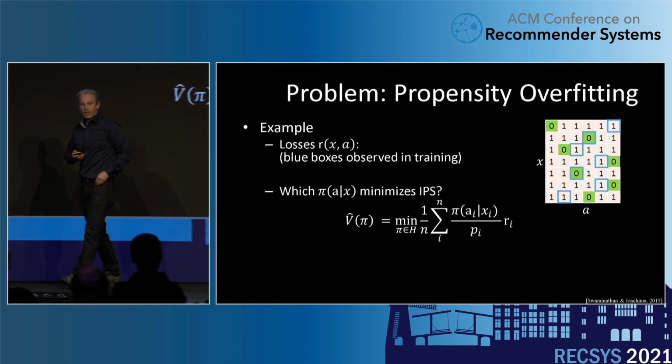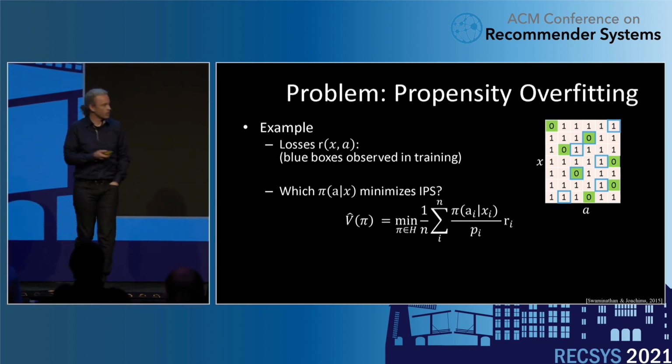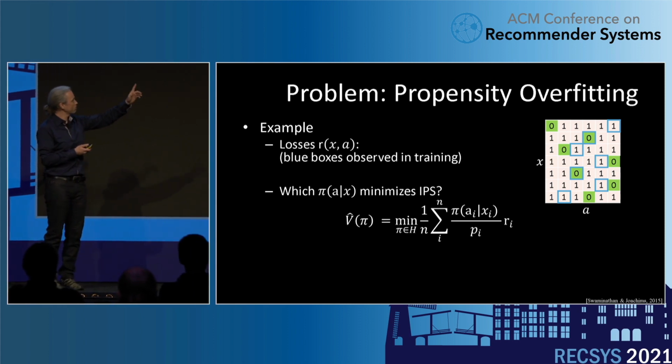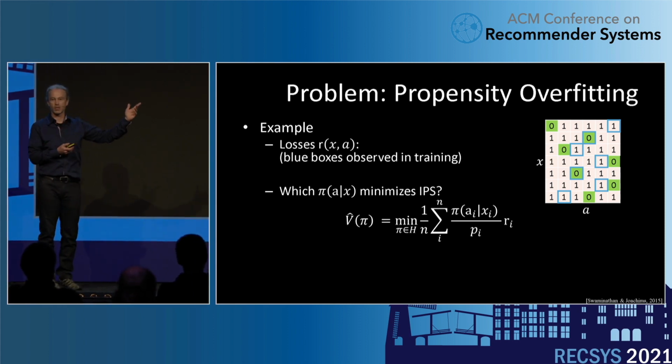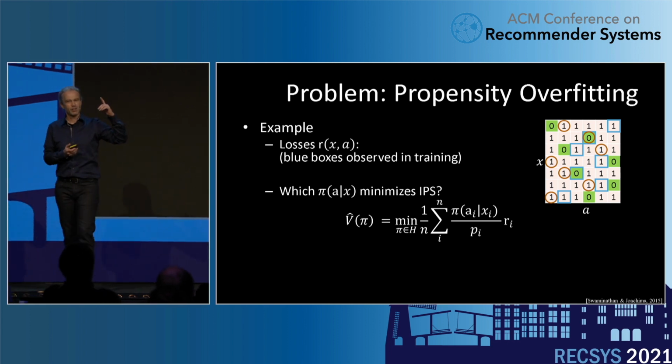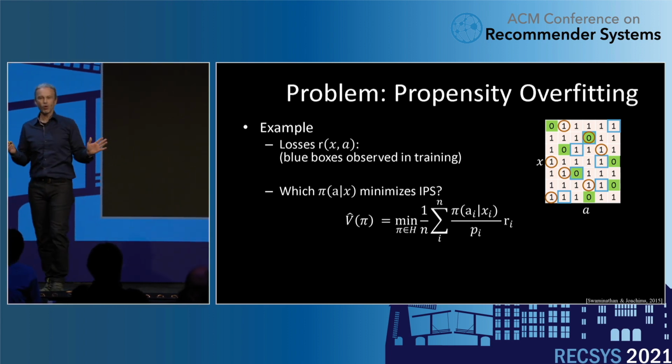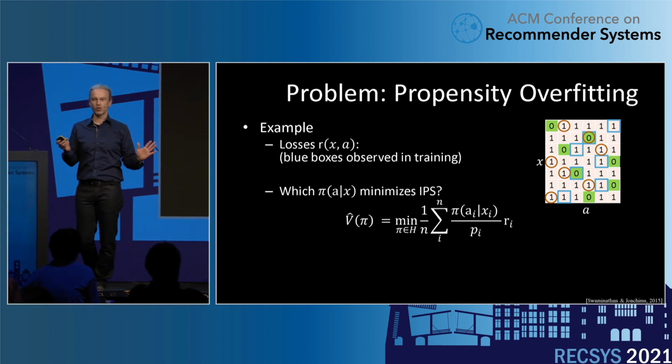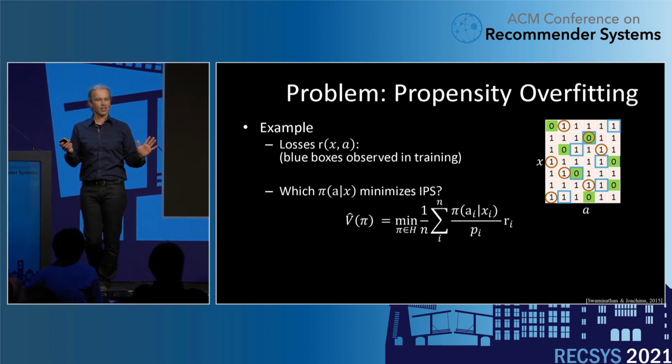And what will the IPS estimator actually do? What's a policy that actually minimizes the losses? Actually, just avoiding all of the training data, avoiding all of the observations, in terms of the IPS estimate, it's the perfect thing to do, right?